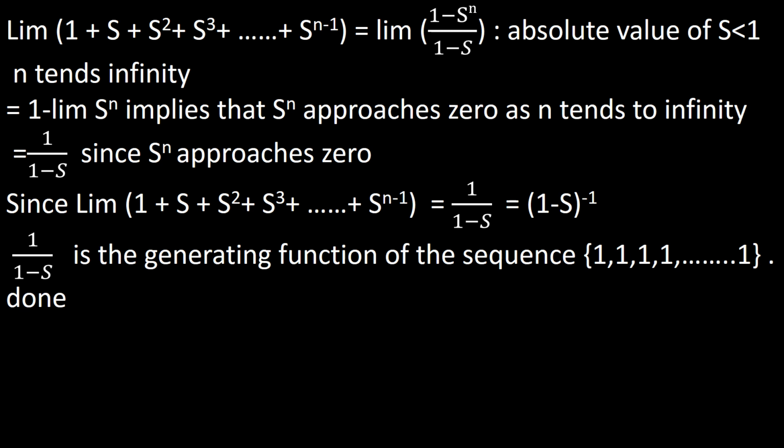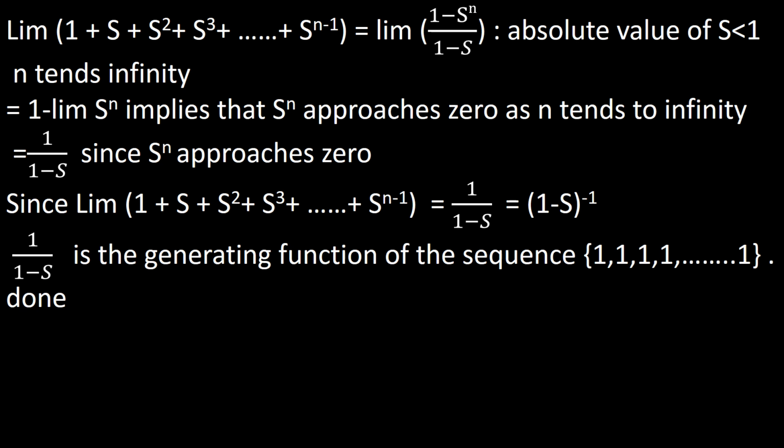We get 1 minus the limit of s power n, which implies that s power n approaches 0 as n tends to infinity. Since the absolute value of s is less than 1, it is a fraction or a decimal. So the higher the power of a decimal, the smaller the value becomes. So as n approaches infinity, s power n approaches 0.